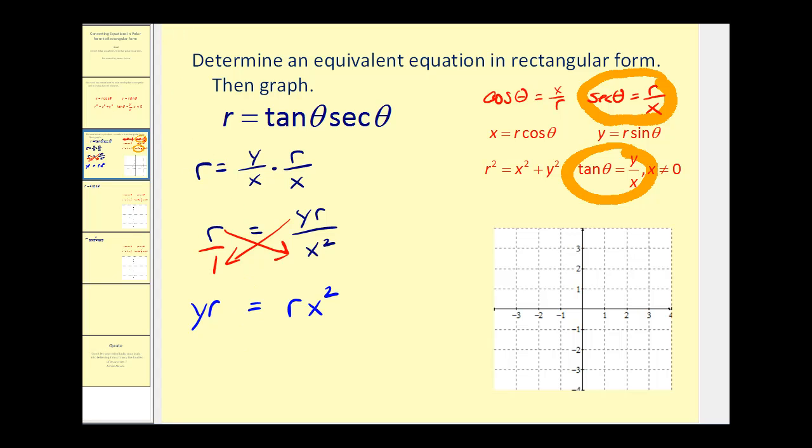Now if we divide both sides by r, we have our equation y equals x squared. And this is just a parabola with its vertex at the origin, passing through these 5 points.